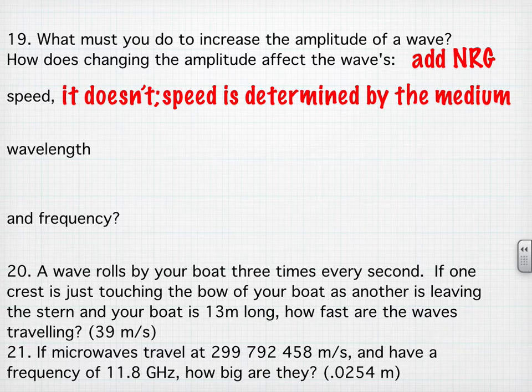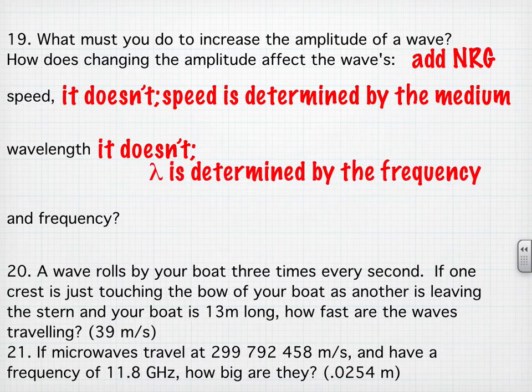How did adding energy affect the wavelength? It didn't, because the wavelength was influenced by the frequency. When I made the increase in frequency, the wavelength got smaller. When I had a low frequency, I had a big wavelength.